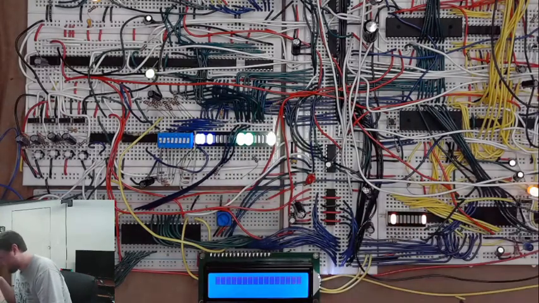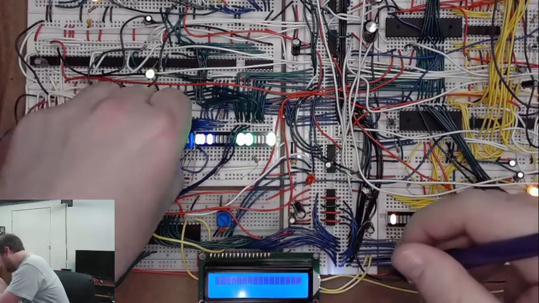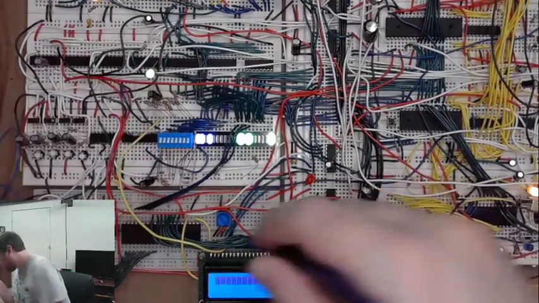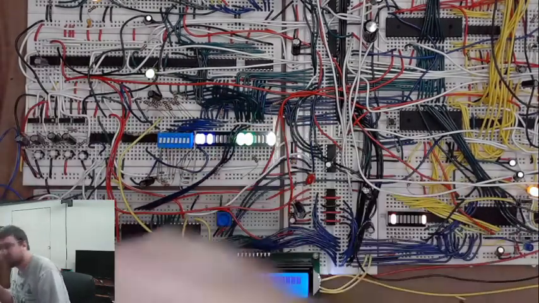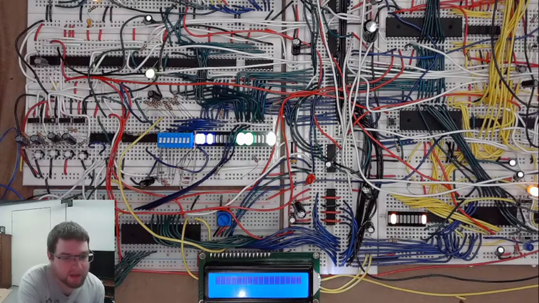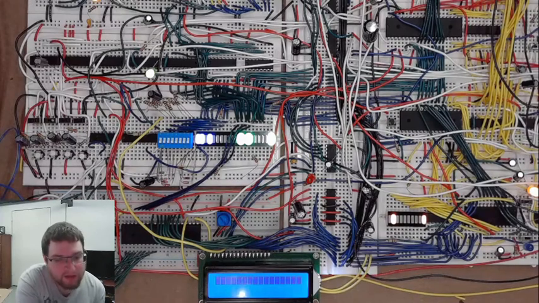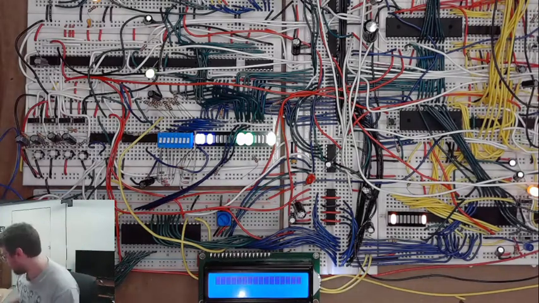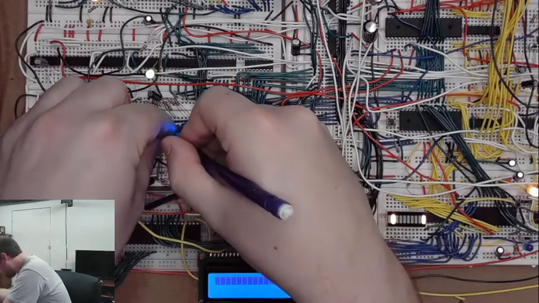Also, is this okay? Okay. So I think I need to go back to... You'll get to see what I mean by 3 buttons to load. I need to go back to 8. Because that'll be 8, 9, 10, and it should be 11. So let's go back to 8. Easy enough.